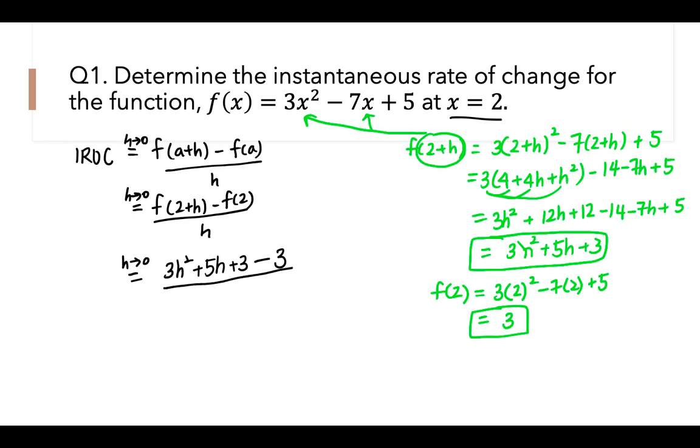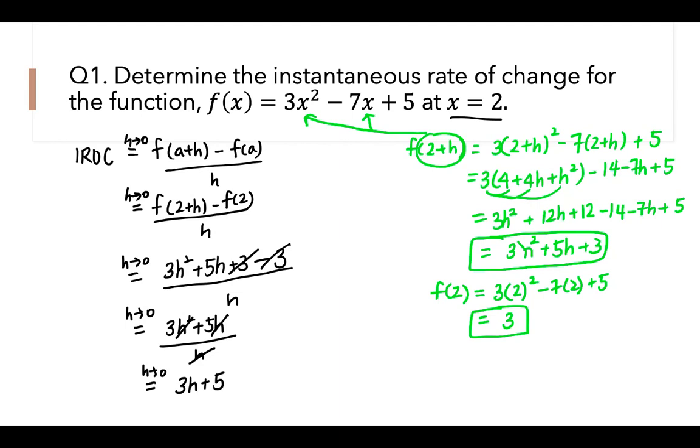Okay, and then h. So you will notice that this cancels out. And then you also notice that h could also cancel out. So therefore, with h approaching 0, you'll be left with 3h plus 5.